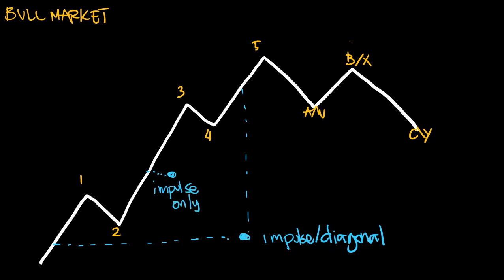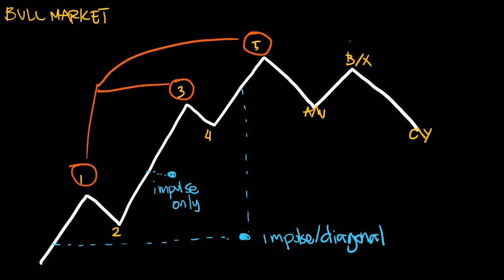If this is the case, therefore, waves 1, 3, and 5 should always be 5 waves, whether wave 1 takes the form of a leading diagonal or wave 5 an ending diagonal. This rule always holds inside a bull market. 1, 3, and 5 always have 5 waves.